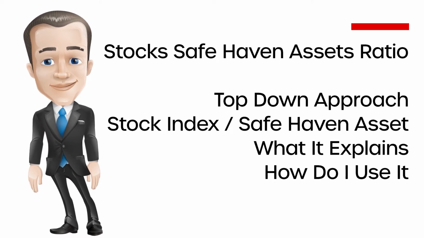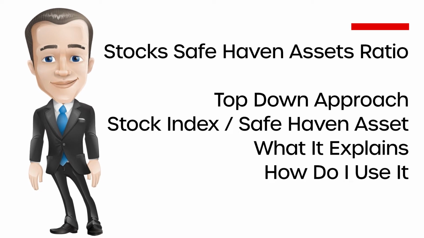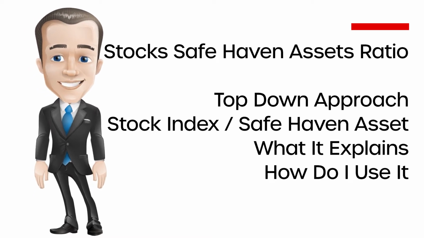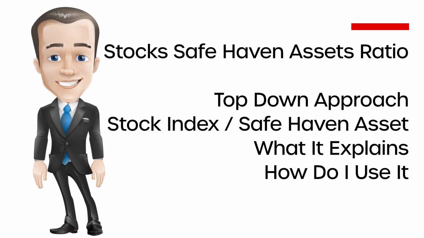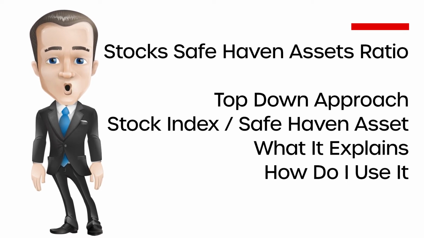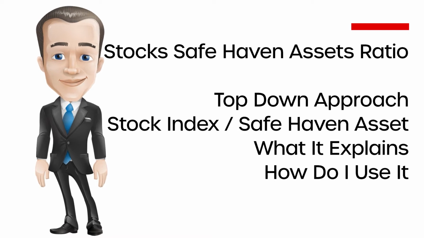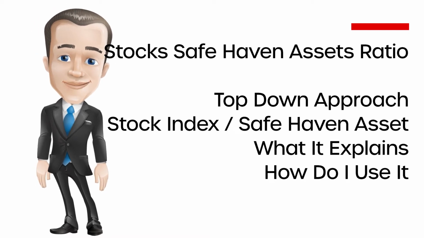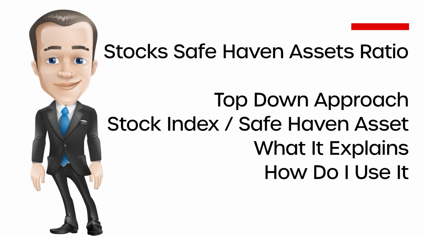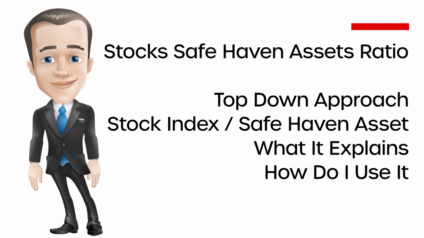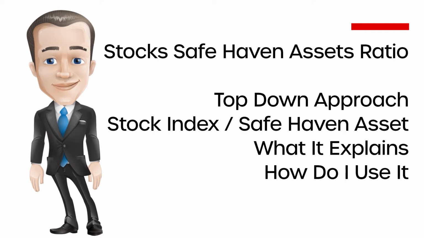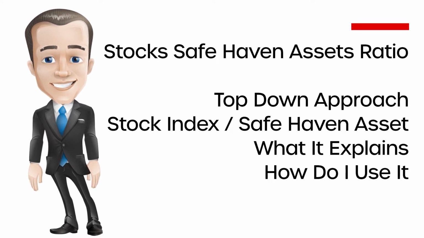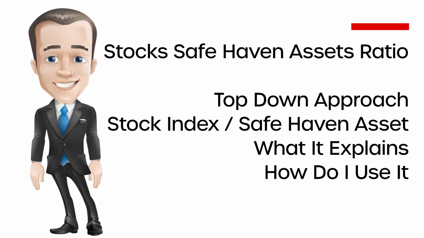The ratio. It's taking an index. Which index you want to take is up to you, but let's just say we're taking the New York Stock Exchange Index. Then it divides by safe haven assets. These safe haven assets could be U.S. Treasuries, corporate bonds, precious metals, stocks from a particular sector like consumer goods, or maybe even defensive stocks or currencies.